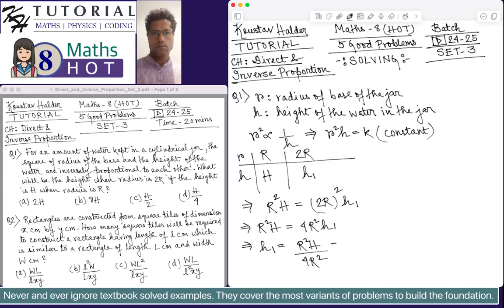R square cancels out and we are left with H by 4. So the height of the water level in the jar will be H by 4 when the radius of the base is twice capital R, and hence the correct choice is D.